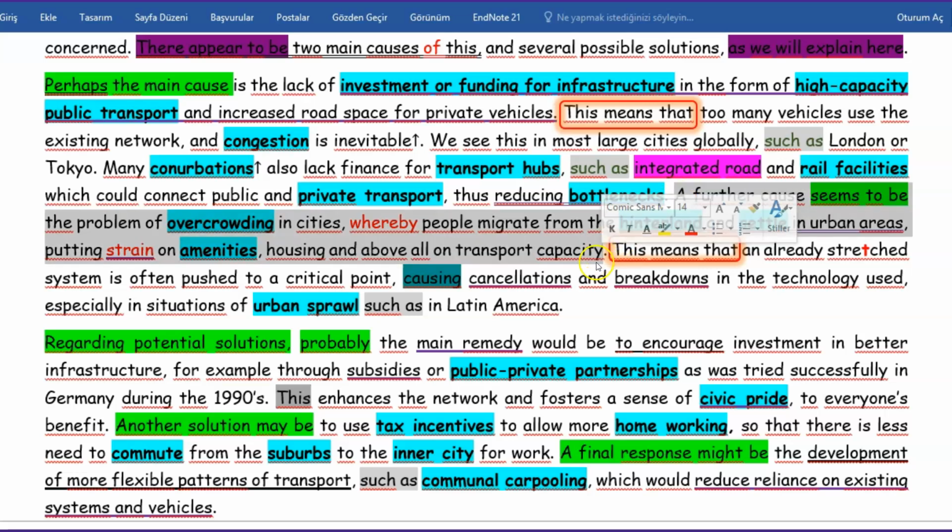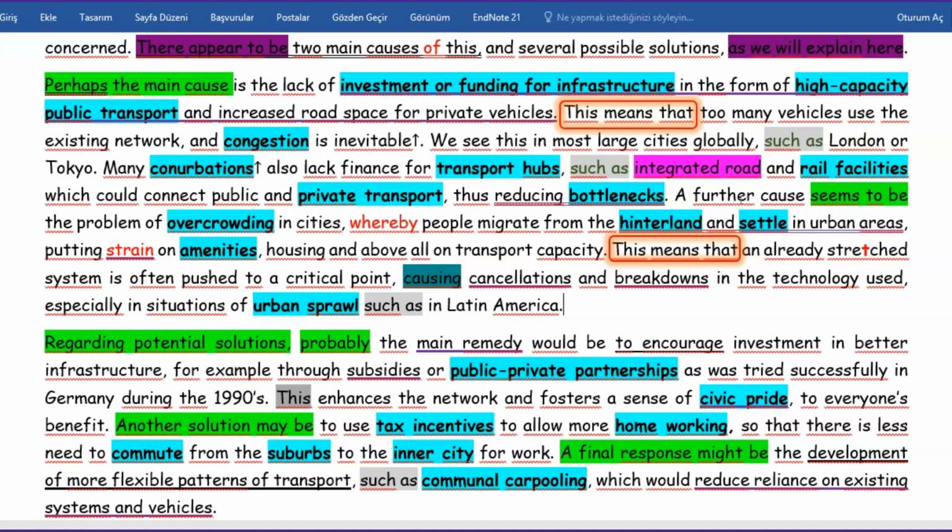Nice, complex sentences. The candidate, in a perfect way, used language to express his reason and used topic-specific vocabularies.